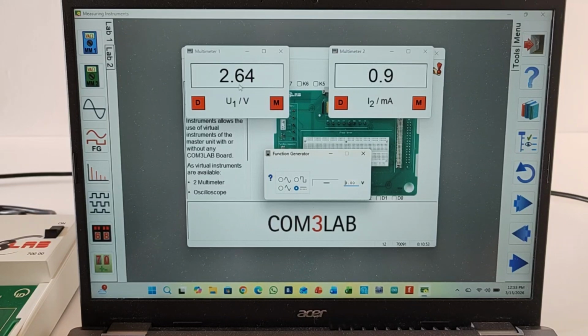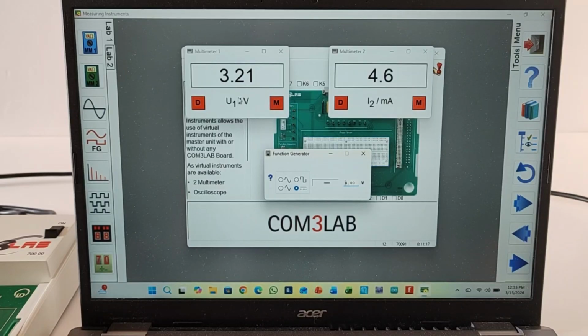Why is this so? Because the voltage across the diode now is nearing the reverse breakdown voltage. Now, we're seeing some small current flowing through the Zener diode. It's still very small, 900 microamperes. Let's increase the voltage some more, 4 volts.